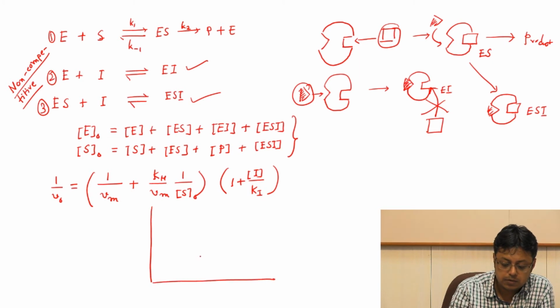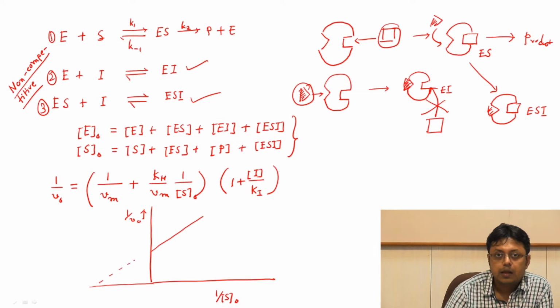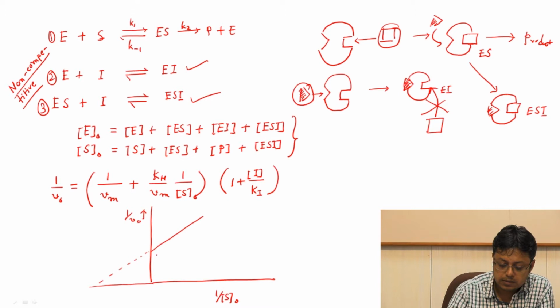Now let us try to plot it in the Lineweaver-Burk plot, which is a plot of 1 over V0 versus 1 over S0. And as before, for a typical inhibitor concentration, I have an intercept. So now the question is, what is this y-axis intercept? For the y-axis intercept, the x-axis value has to be 0.